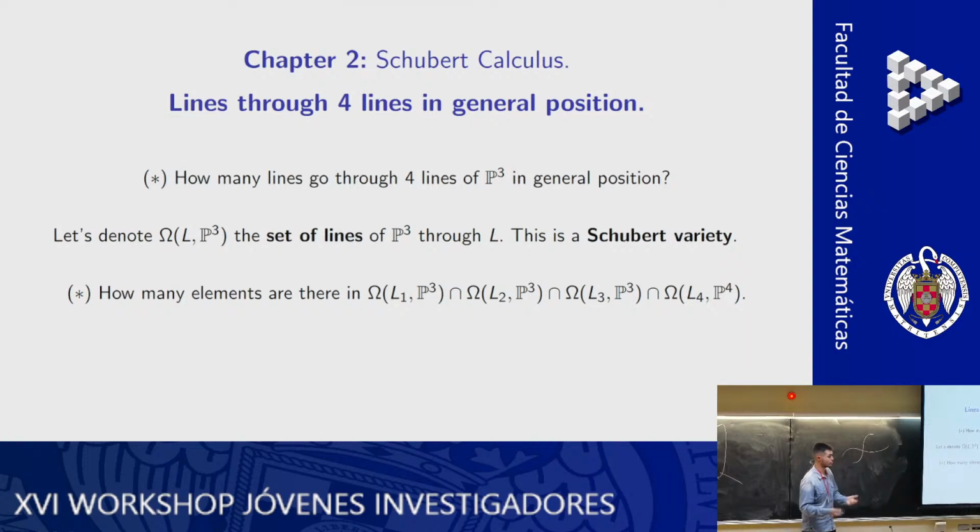That's an example of what we are going to call a subvariety. So we could pose this question in this way: how many elements are there in the intersection of those four sets? Because this is the set of lines that go through L. So this intersection is the set of lines that go through the four of them at the same time.